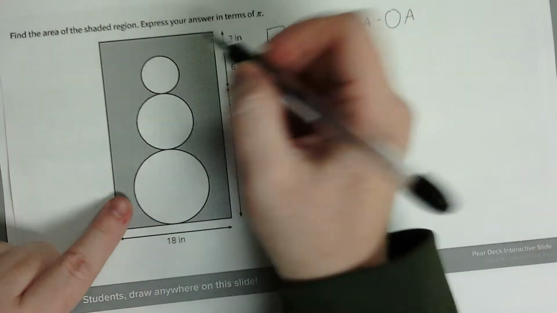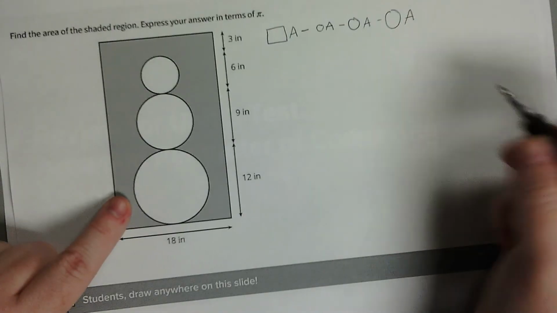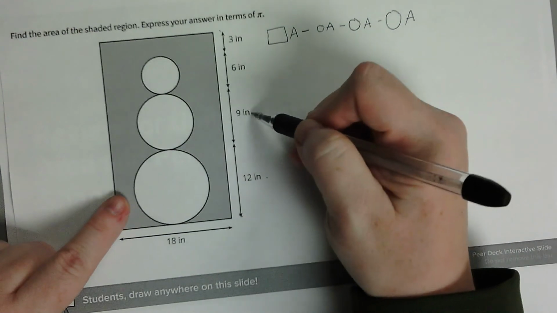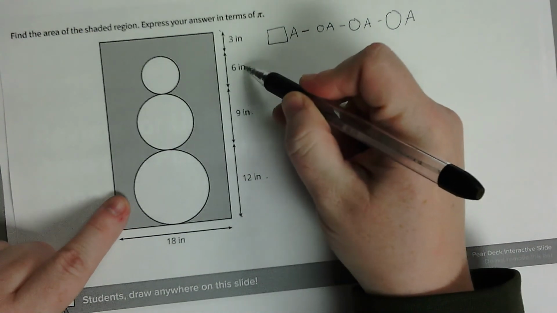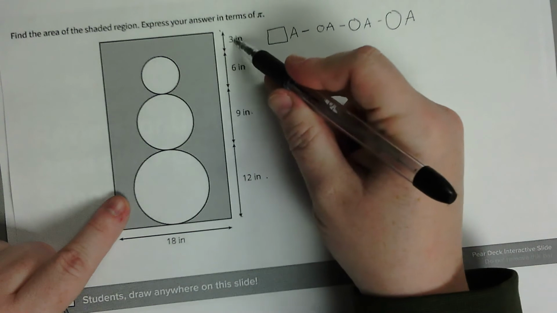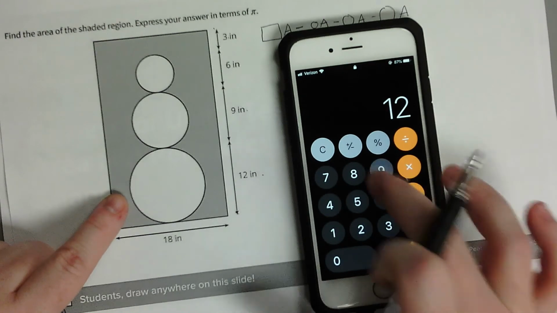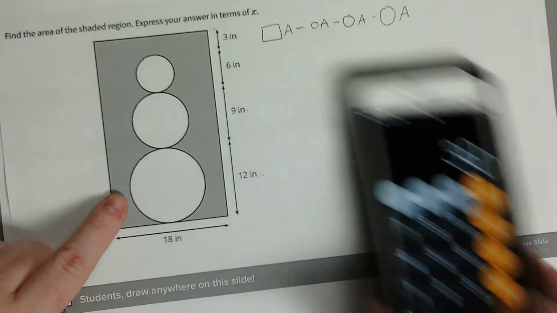And we have a total height of 12 plus 9 is 21 plus 6 is 27 plus 3 is 30. We can double check that. 12 plus 9 plus 6 plus 3. So our total height is 30.